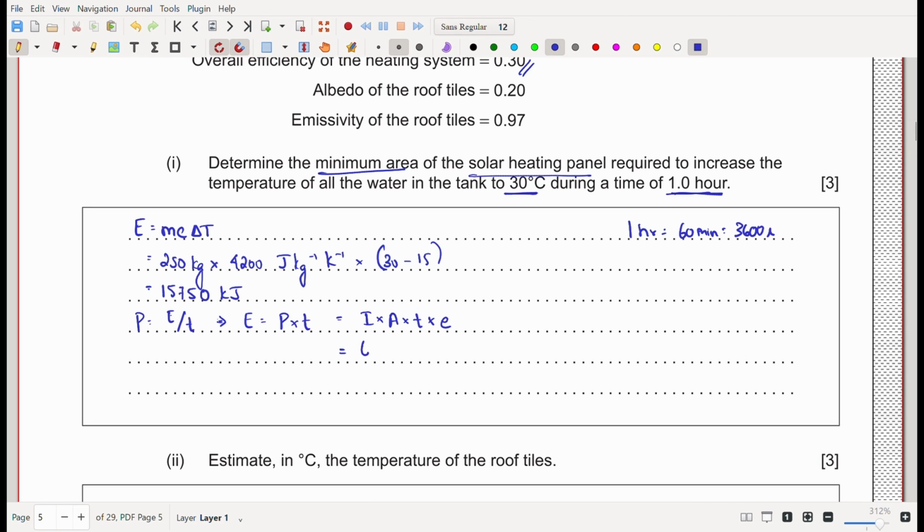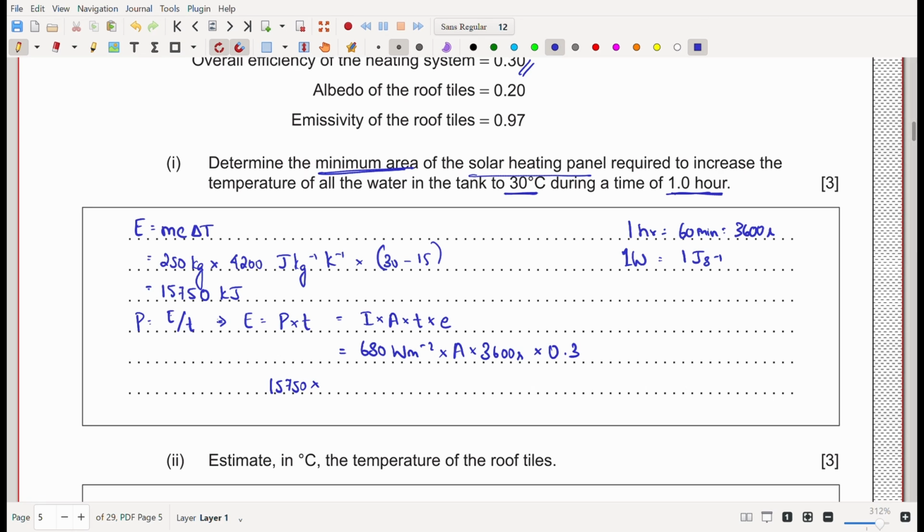So intensity is 680 watts per meter squared. And then we have an area, which we are told to find. And then we have a time, which is 1 hour, so 3,600 seconds, because 1 watt is equal to 1 joule per second. And finally, we have our efficiency, which is 0.3.